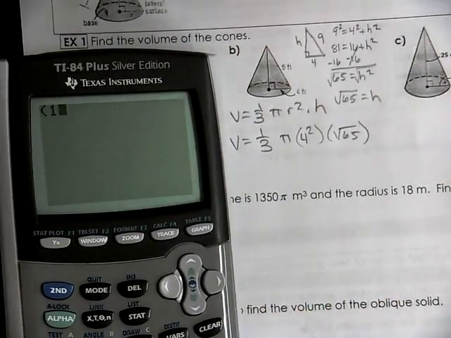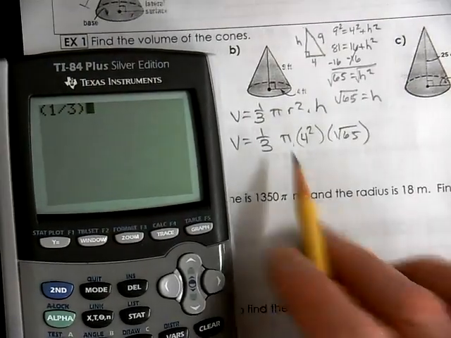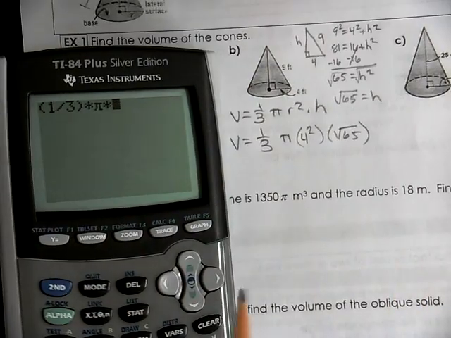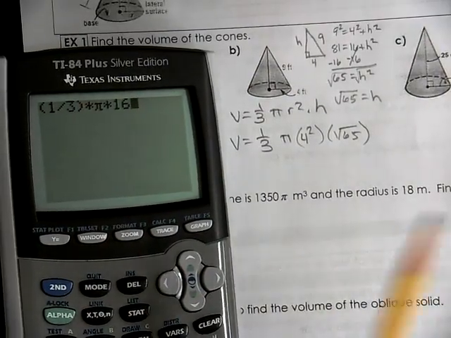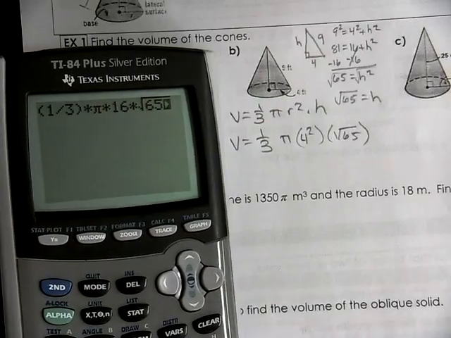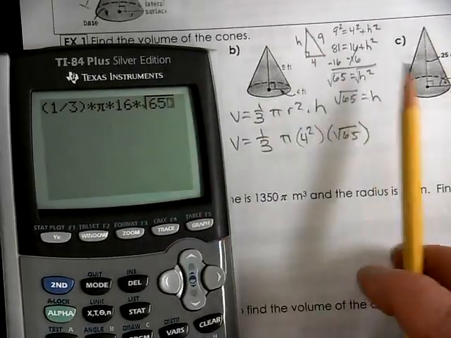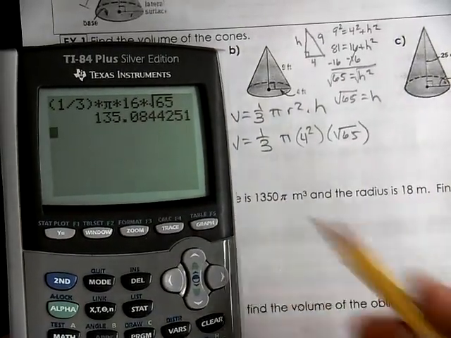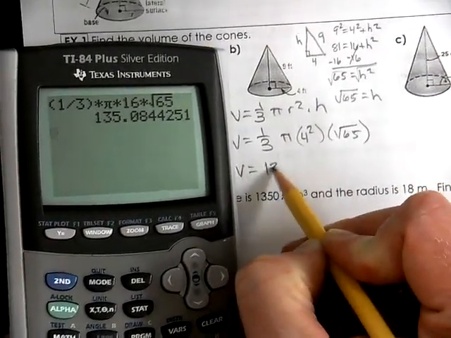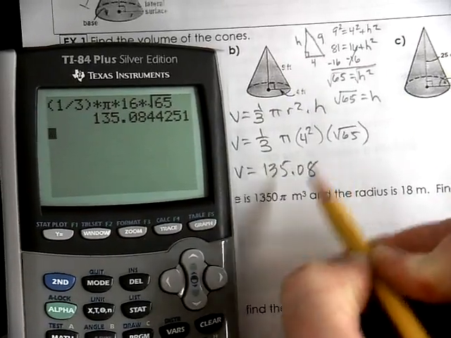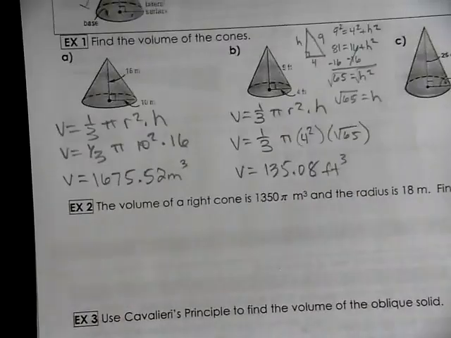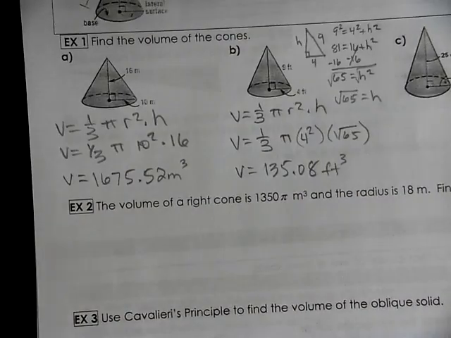Then we can use this exact answer, 1/3 times pi times 16, because that's 4 squared, times the square root of 65. That gives us a volume of 135.08, and these are feet cubed. Questions about that?